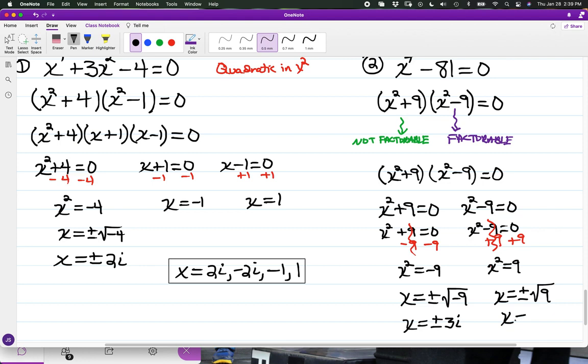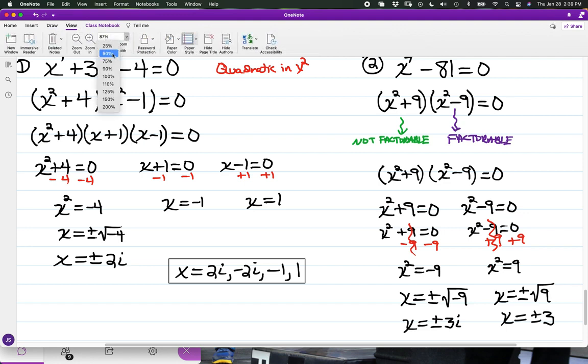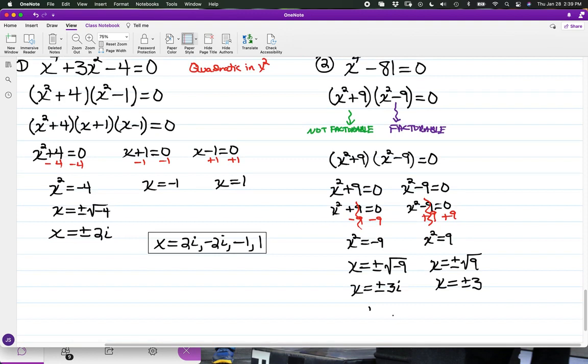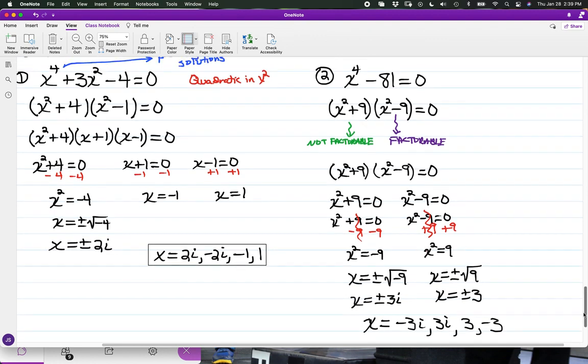So we have x equal to plus or minus 3. And so we're going to have yet another set of 4 solutions: x is equal to negative and positive 3i, and positive and negative 3. So you have another quartet of solutions, 2 from the real number system and 2 from the complex.